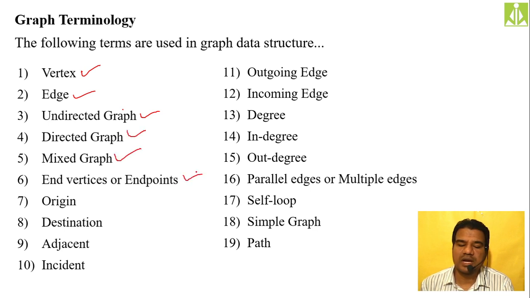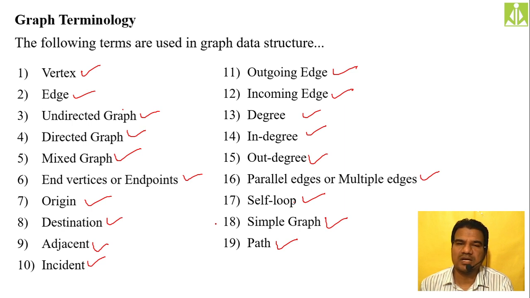End vertices or endpoints, then origin, destination, adjacent, incident, outgoing edge, incoming edge, degree, in degree, out degree. Then parallel edges or multiple edges, then self loop, simple graph, and the last one, path. All these 19 terms we have to understand.